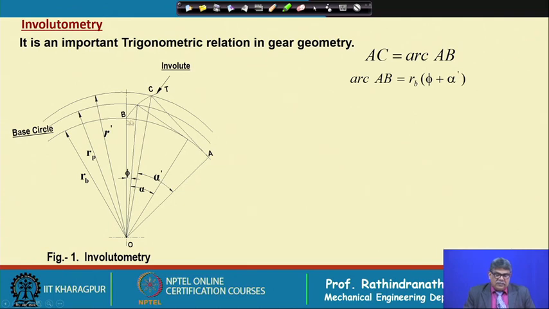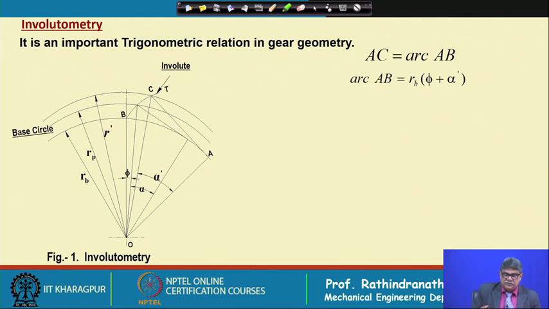Now, arc A B can be written as the base circle radius R B into this small angle plus alpha dash.